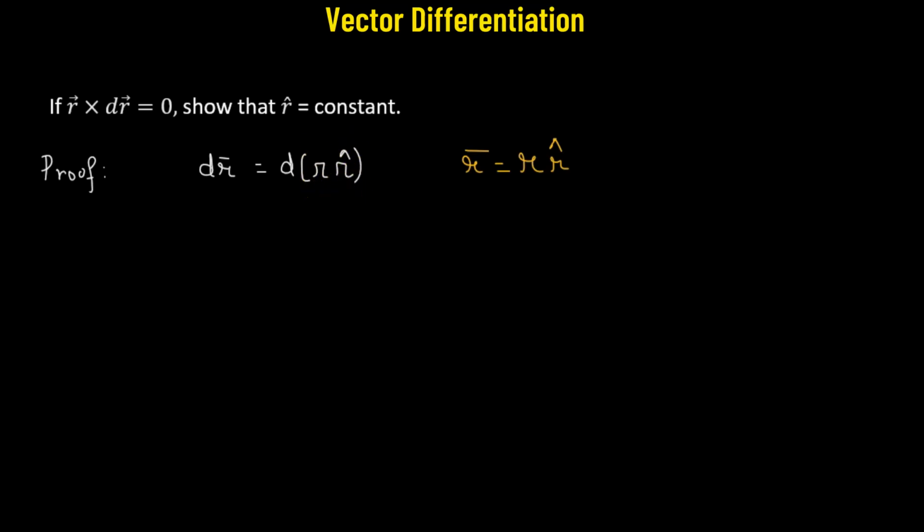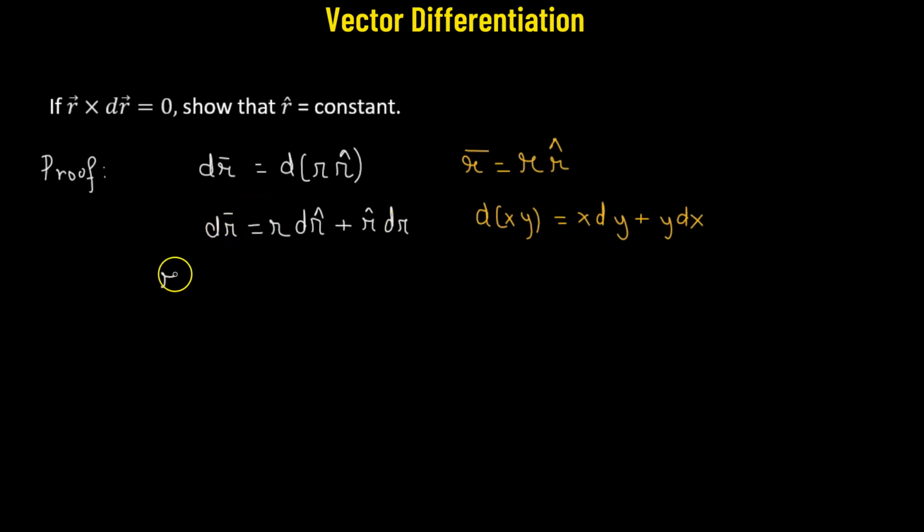Now we'll have to use the definition that d(xy) equals x dy plus y dx. So that means the differential is r dr cap plus r cap dr. So this is our dr vector.